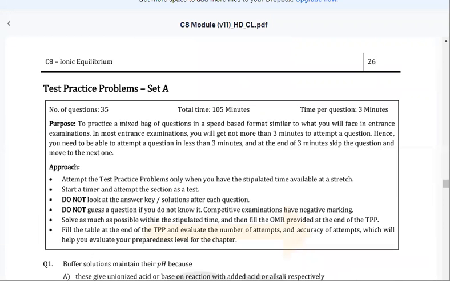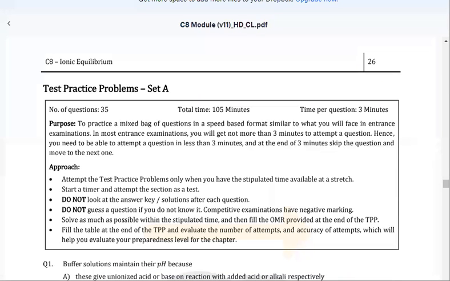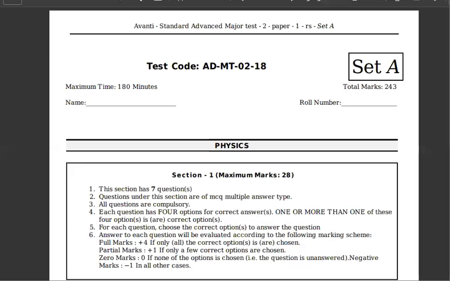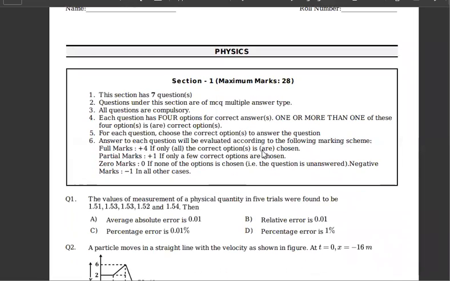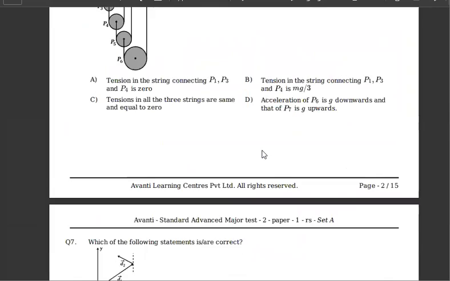Now tell me, how many of you have given the advanced major test? Just raise your hand. 1, 2, 3, 4, 5, 6. Meet, have you given? 7. Okay, chemistry. So we will just discuss the doubts.